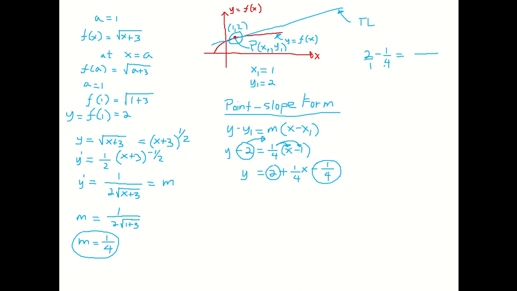So we find the LCD. LCD is 4. So 4 divided by 1 is 4, times 2 is 8. Then 4 divided by 4 is 1, times -1, so that is -1. So 8 minus 1 is 7, and 7 divided by 4.